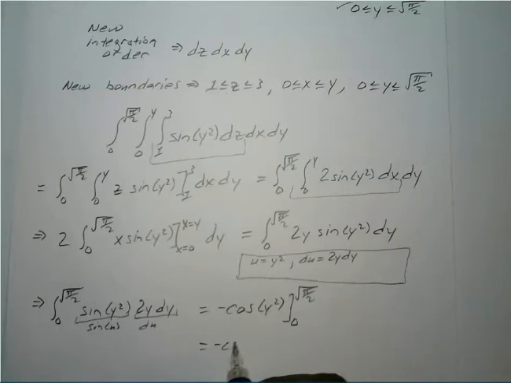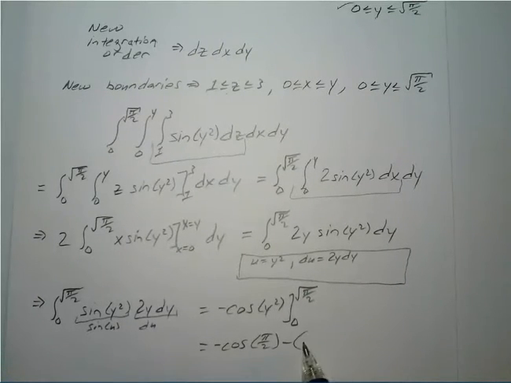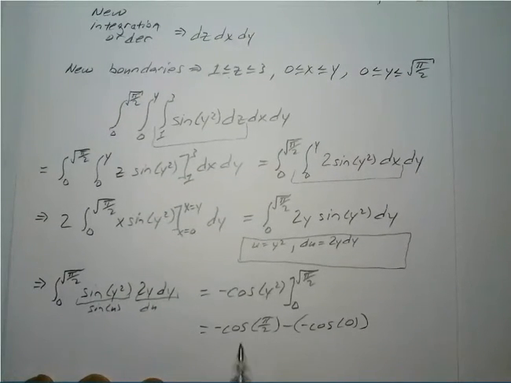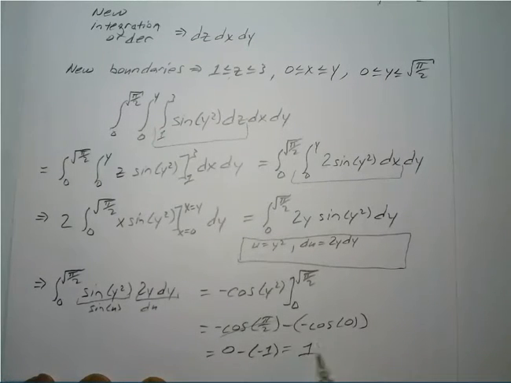So that's negative cosine pi over 2 minus negative cosine of 0. Okay, so since cosine of pi over 2 is 0, that just disappears. So that's 0 minus negative cosine of 0 is 1. Our answer is just 1.